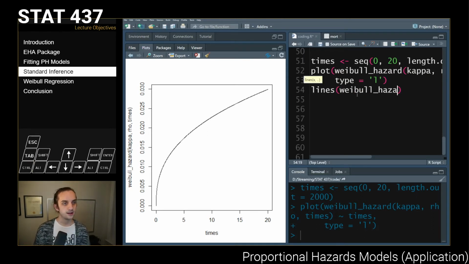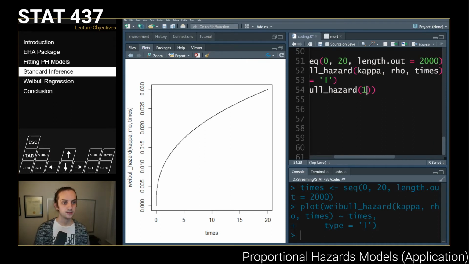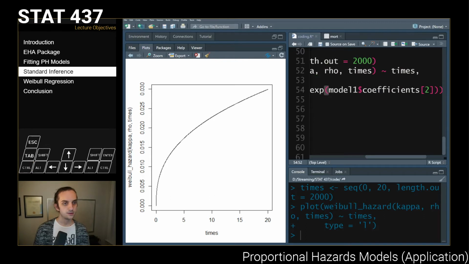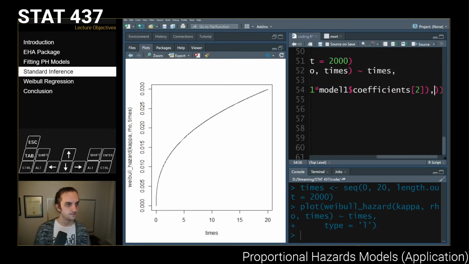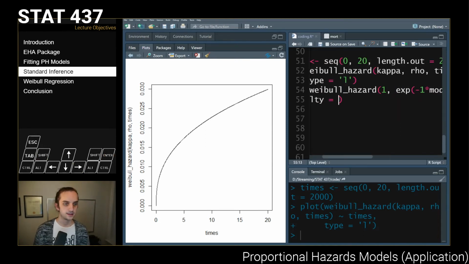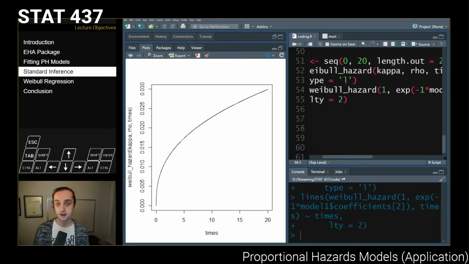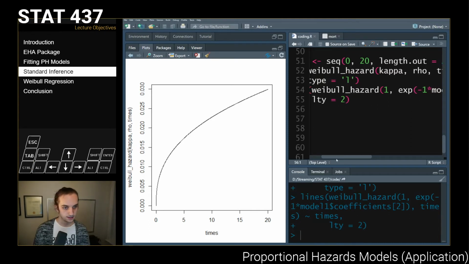We could do the Weibull hazard here, where instead of kappa, we pass it a 1. Instead of rho, we pass it 1 over the value from the first model. We should still pass it the times parameter here. Plots with respect to times, we can set the line type to be, say, 2, so that it shows up as a dotted line on the plot instead.